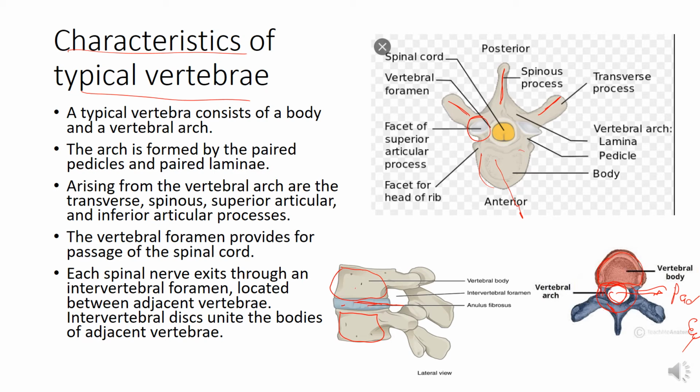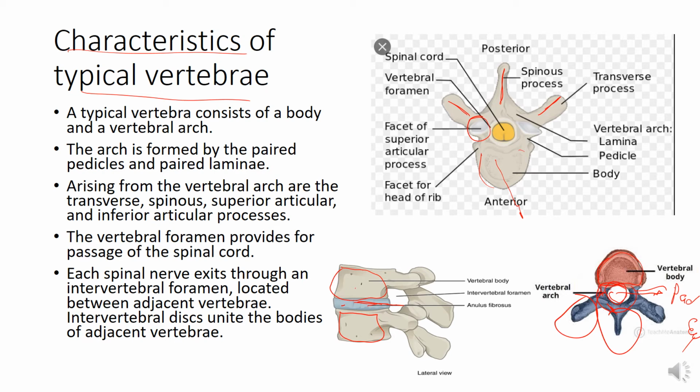Projecting from the regions where the pedicles meet the lamina is the lateral prominence called the transverse process. And where the two laminae meet at the back is a process called the spinous process. These are the bony prominences that can be felt through the skin along the length of the spine.